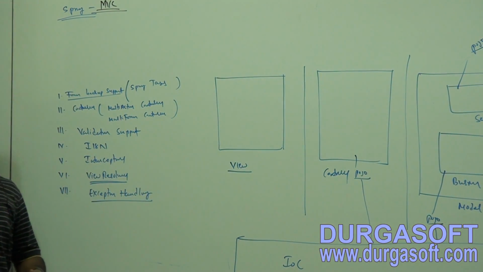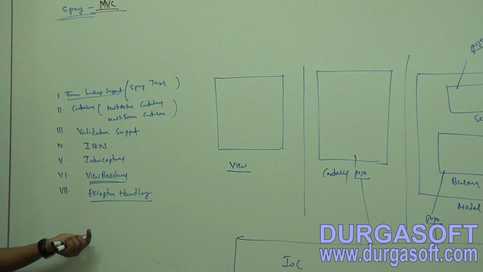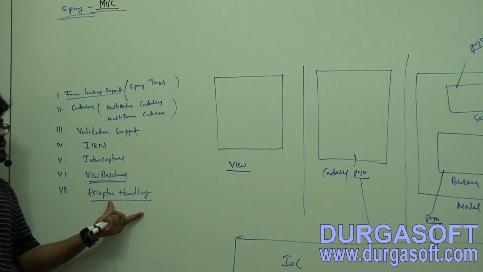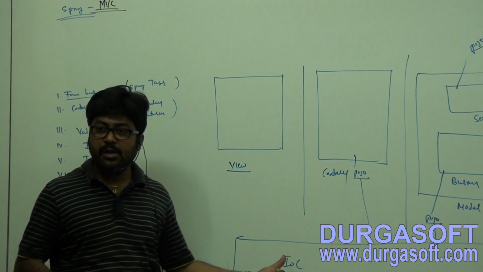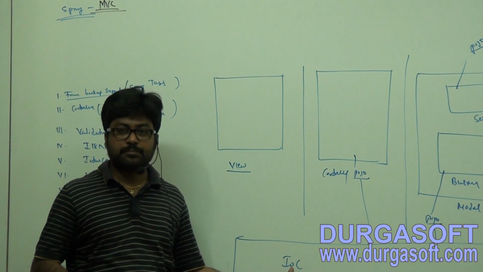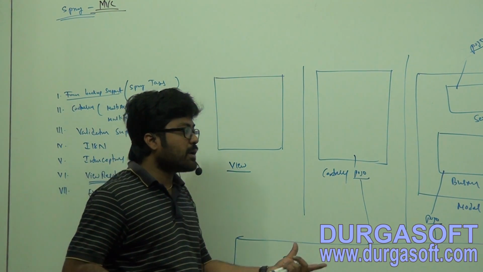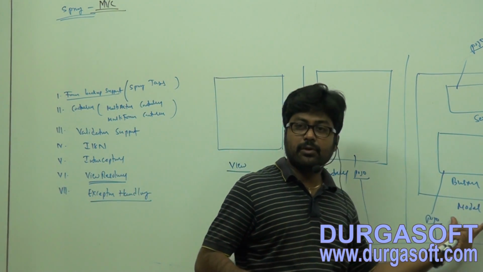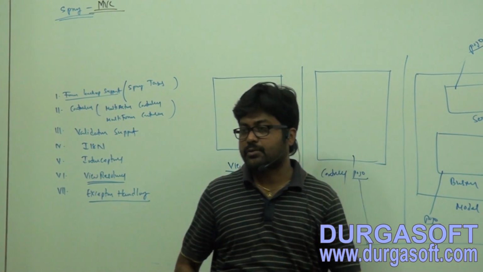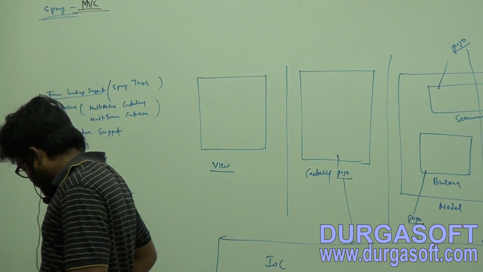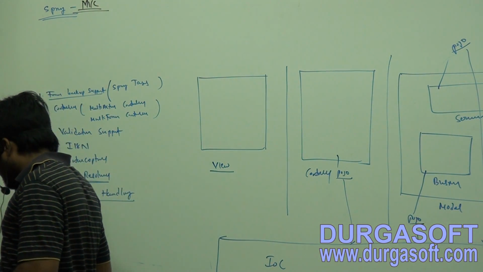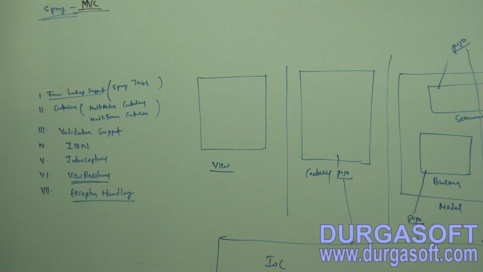Then what about model? Here, to execute these MVC classes, we have to use the IOC container internally. If you are going through the IOC container, in that IOC container we can execute model layer classes also. So you can use MVC for a complete MVC application.